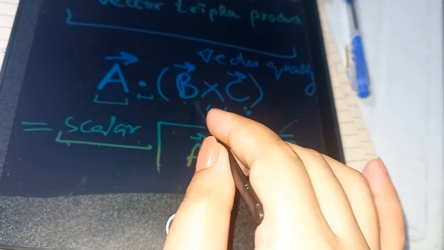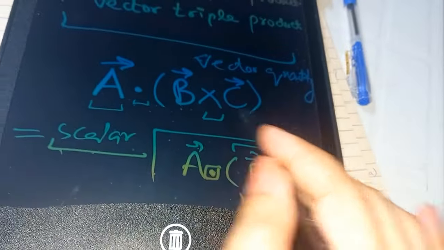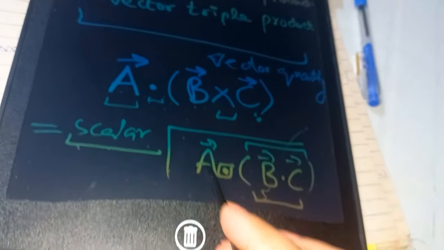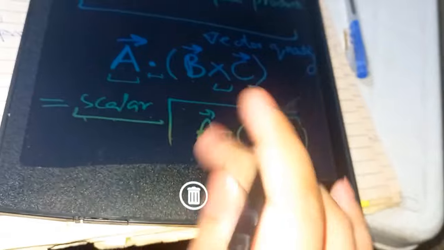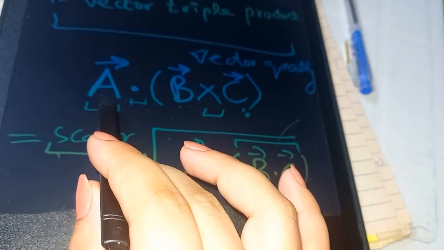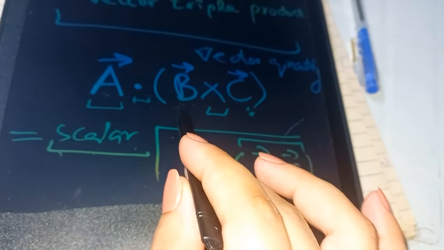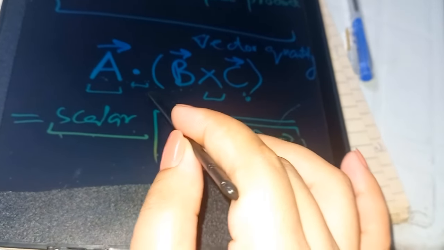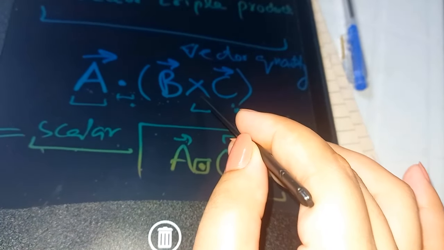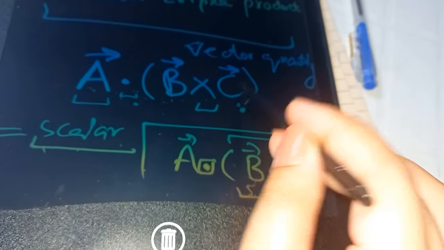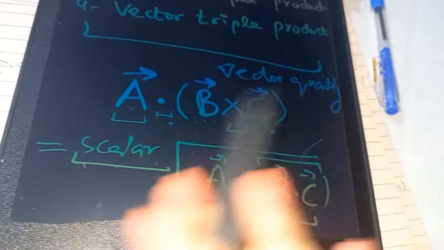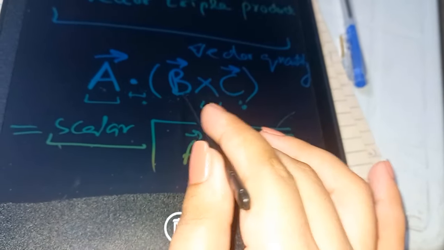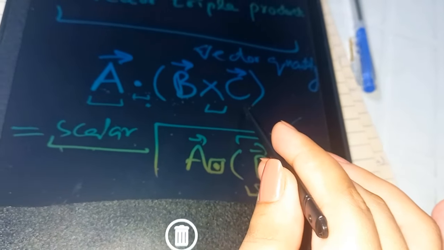You first have to find B cross C. You can't find A dot B first, for the same reason: if you first calculate A dot B, you will get a scalar quantity, and you can't have a scalar quantity take a cross product with a vector quantity. This is not permissible. So you first find B cross C, which gives you a vector quantity.